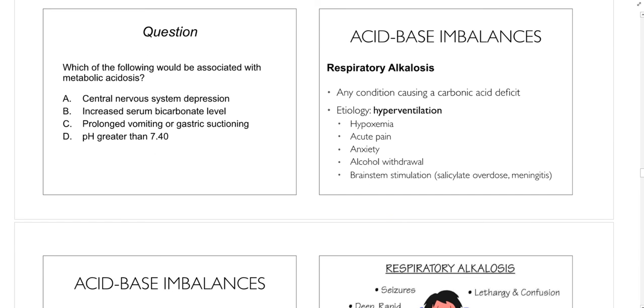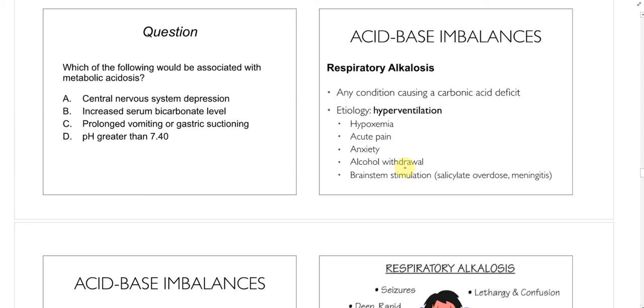Okay, now moving on to alkalosis. I don't think respiratory alkalosis is very common. I think the main reason for why anyone experiences it is a panic attack. I believe that's the main reason.